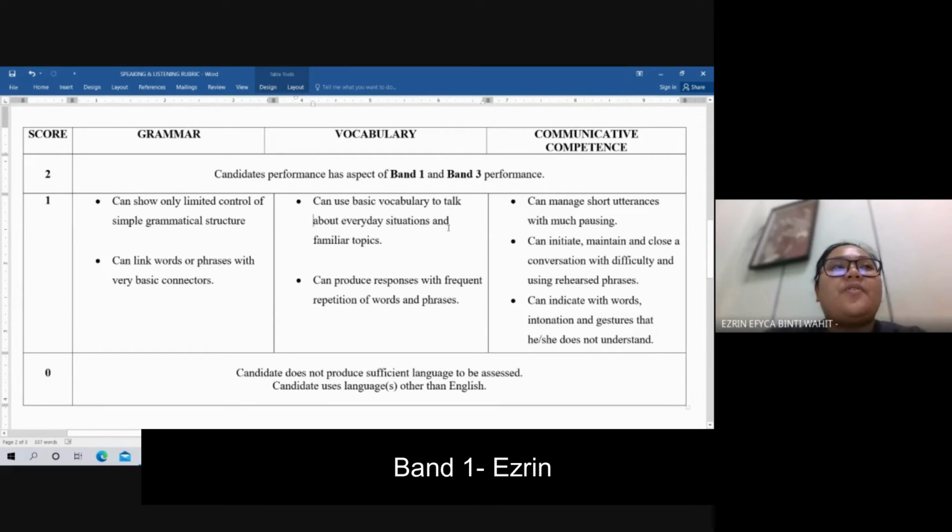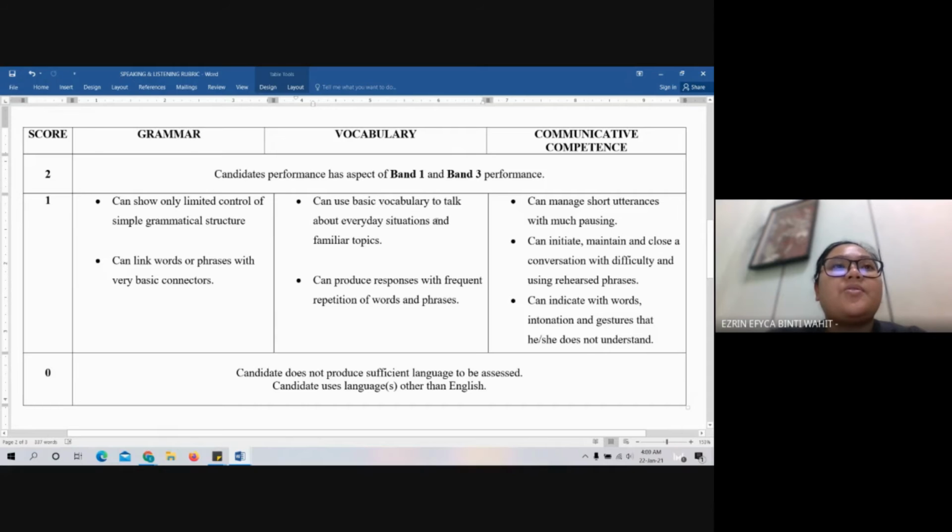For those students who achieve level 1, in terms of grammar, they can show only limited control of simple grammatical structures, and they can link words or phrases with very basic connectors. Next, in terms of vocabulary, the students can use basic vocabulary to talk about everyday situations and familiar topics, and they can also produce responses with frequent repetition of words and phrases.